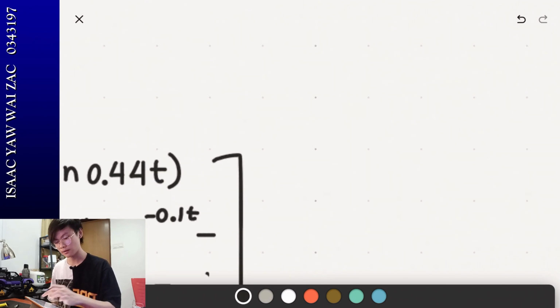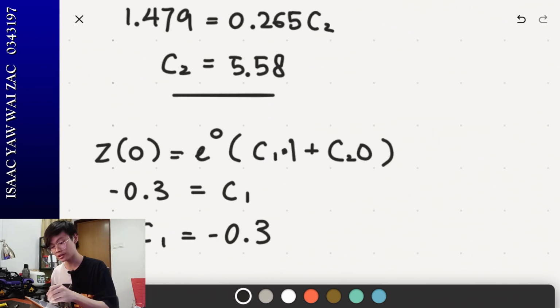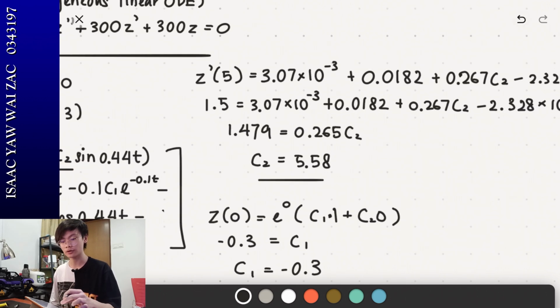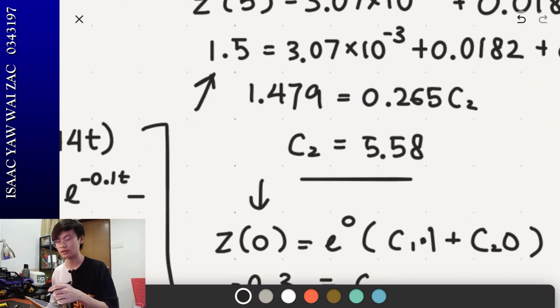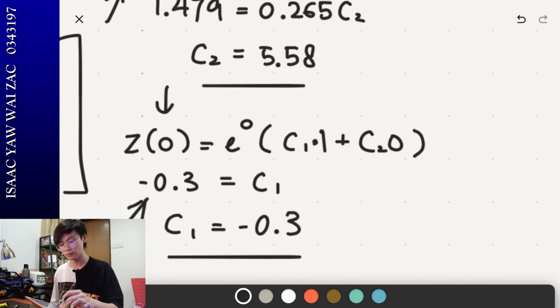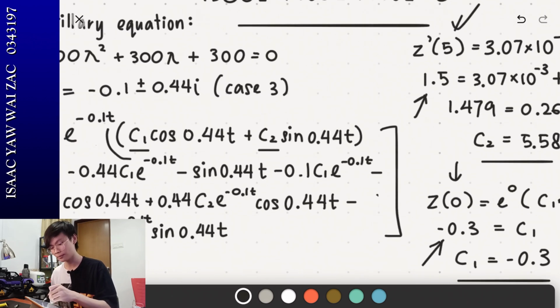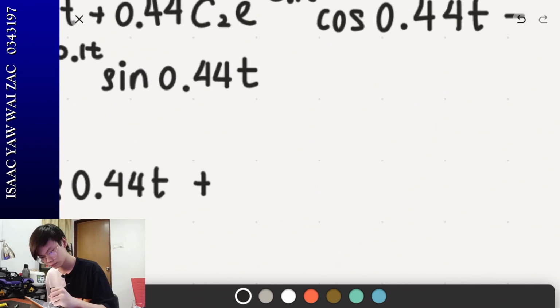So let's calculate that. So I have gotten my value for C2 as 5.58 and C1 as negative 0.3 after substituting the distance as negative 0.3 and the velocity as 1.5. I will get both my C1 and C2, which I can then substitute back into this equation. So let me do that.